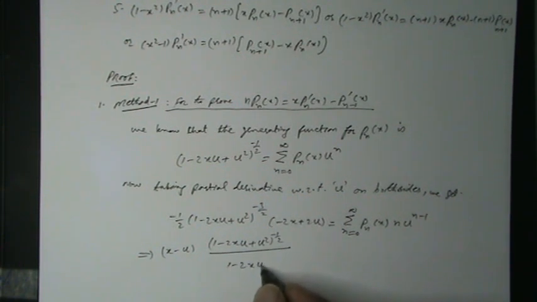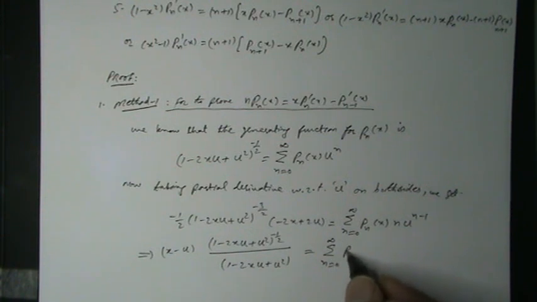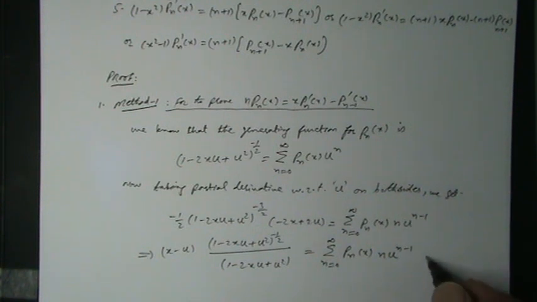It can be written as (minus xu plus u square) equal to sigma n from 0 to infinity Pn(x) n u^(n-1). Equation number 1.